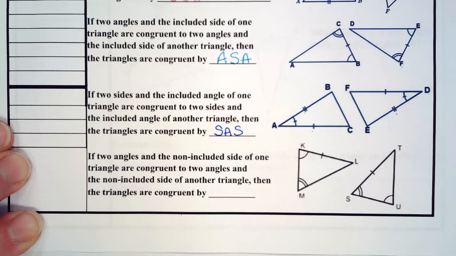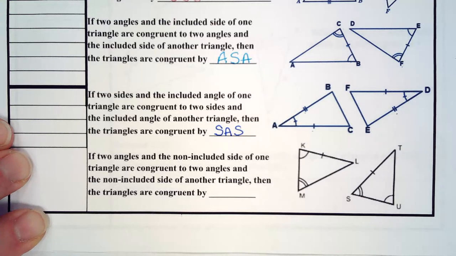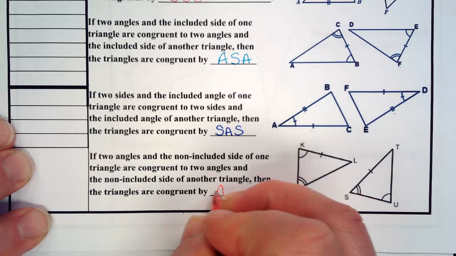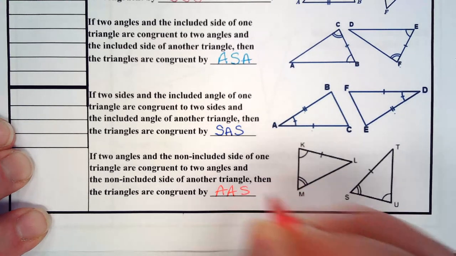Okay, the next one. If two angles and the non-included side of one triangle are congruent to two angles and the non-included side of another triangle, then the triangles are congruent by angle, angle, side.